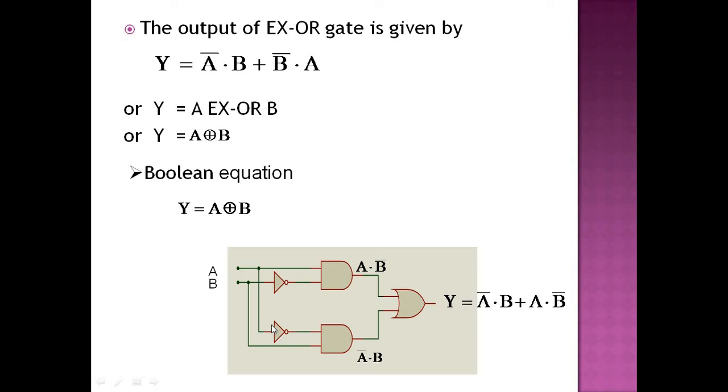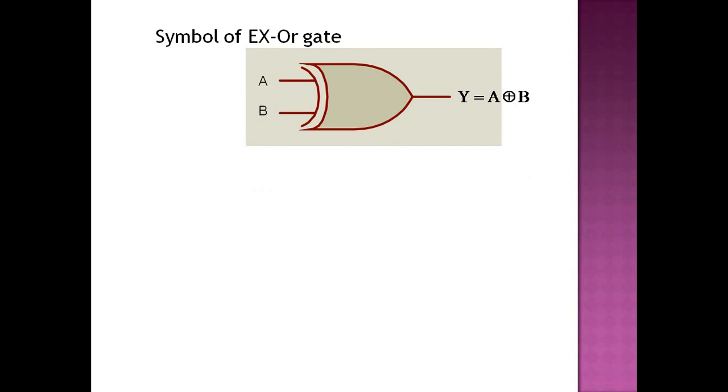Again, A is applied to the inverter, so it becomes A complement, and B is applied as it is to the second AND gate, so its output is A bar dot B. These two AND gate outputs are applied as inputs to the OR gate, so we get the output y is equal to A bar dot B plus A dot B bar.